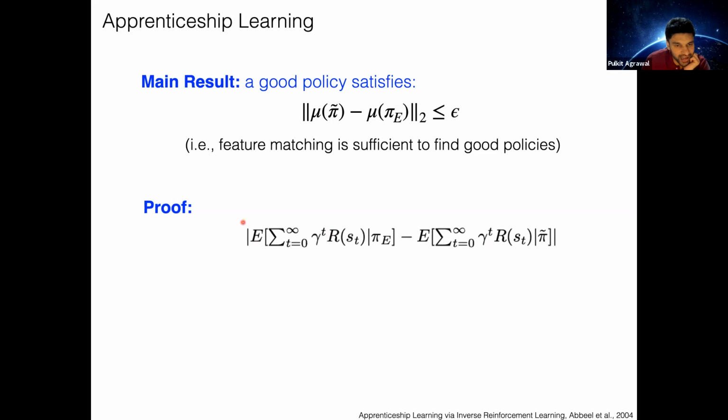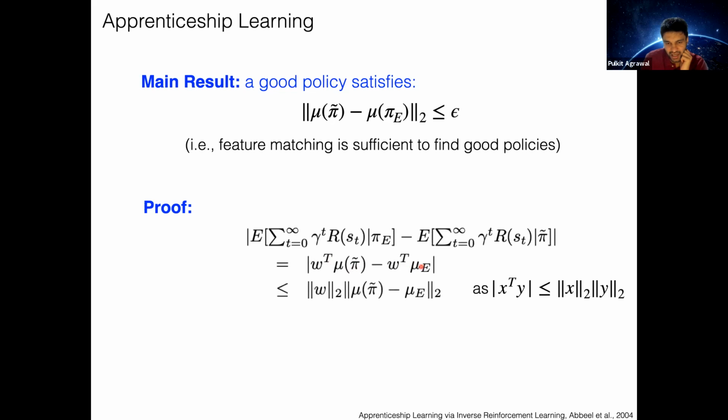Suppose I look at the difference in rewards, which is my expert policy reward and the reward of the policy that I'm trying to find. I can write it down as W transpose mu minus W transpose mu of E. And I can use linear algebra to take W out, because of this particular inequality.